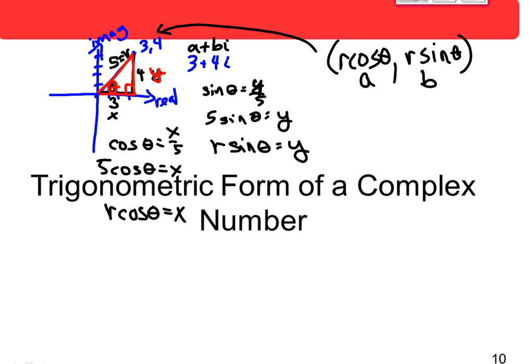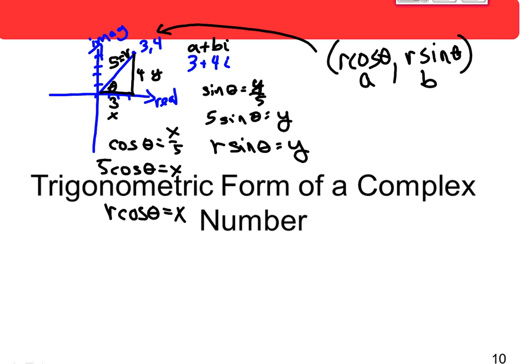But if this is over in another quadrant, then the theta that we would get would be the reference angle, and then we'd have to figure out that angle using the all students take calculus rule.